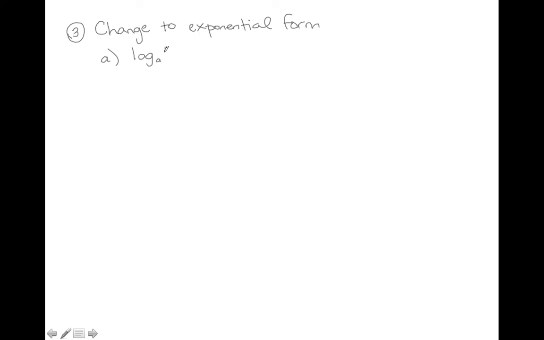Log base a of 4 equals 5. Okay, so the base is the small number. The exponent, or the power, is what's on the right side by itself, so a to the 5th equals the answer 4.